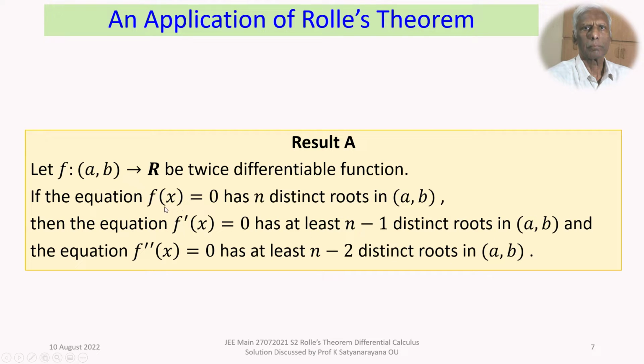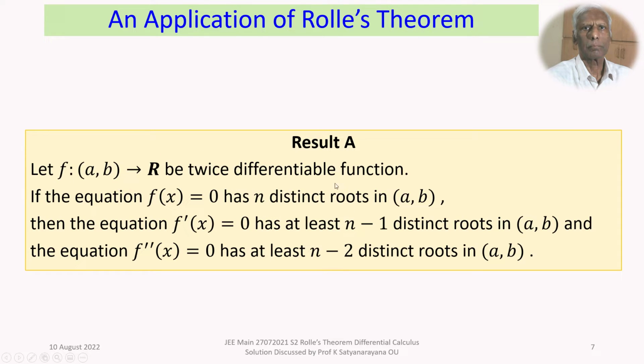So if f(x) = 0 has n distinct roots in this interval, then the equation f'(x) = 0 has at least n minus 1, and the equation f''(x) = 0 has at least n minus 2 distinct roots in the interval (a, b). The proof of this is easy using the Rolle's theorem.